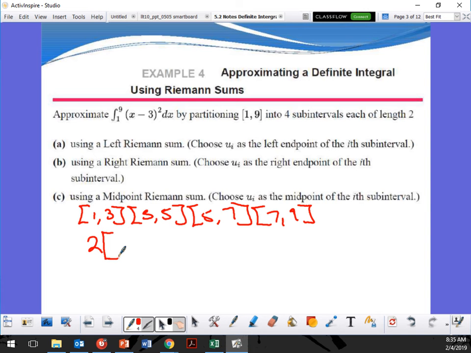So now it's going to be f of 2 for my first interval, which gives me 1, plus 1, plus 9, plus 25. So from there I should get 36, 36 times 2. 72 units squared?